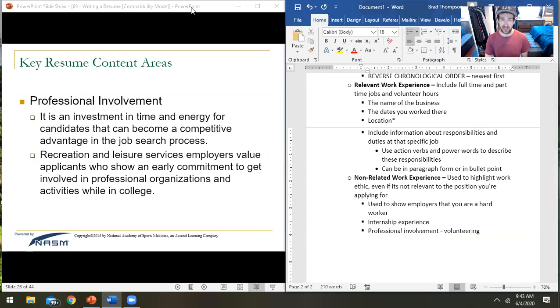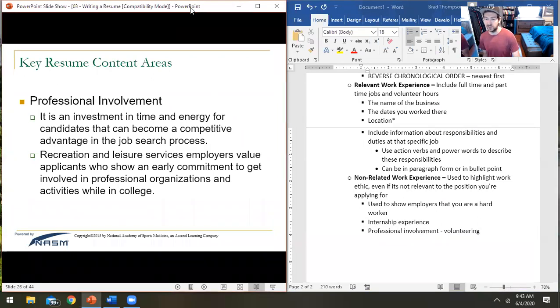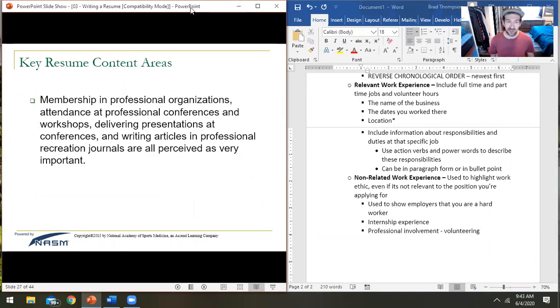It shows that I take time out of my personal life to be passionate about something and volunteer, especially something that is somewhat health related. It is certainly health related, but it's not fitness related. So that's something you can definitely put in your non-related experience.